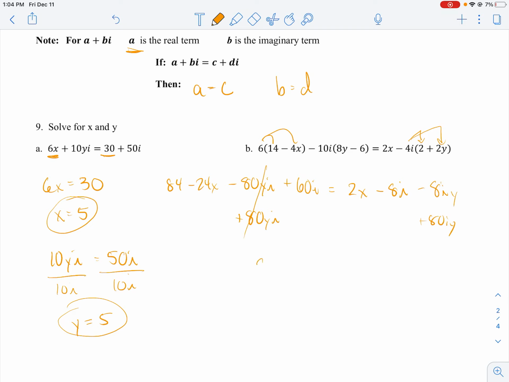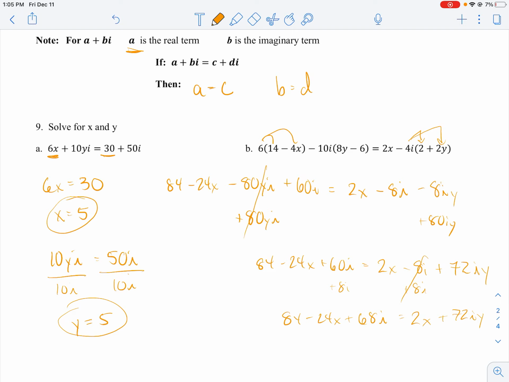By doing so, it cancels over here, so I'm left with 84 minus 24x plus 60i is equal to 2x minus 8i plus 72iy. Next move, I'm going to get my i's all together, so I'm going to add 8i. So I get 84 minus 24x plus 68i is equal to 2x plus 72iy.